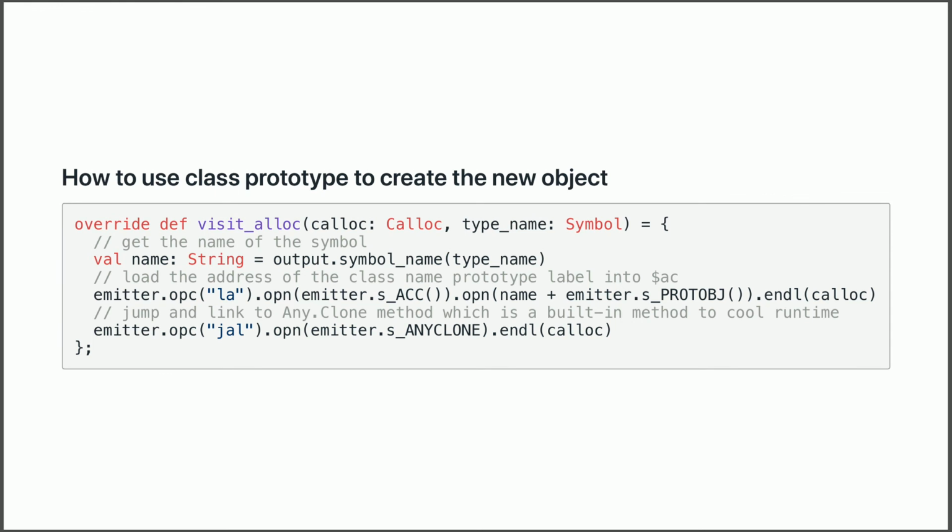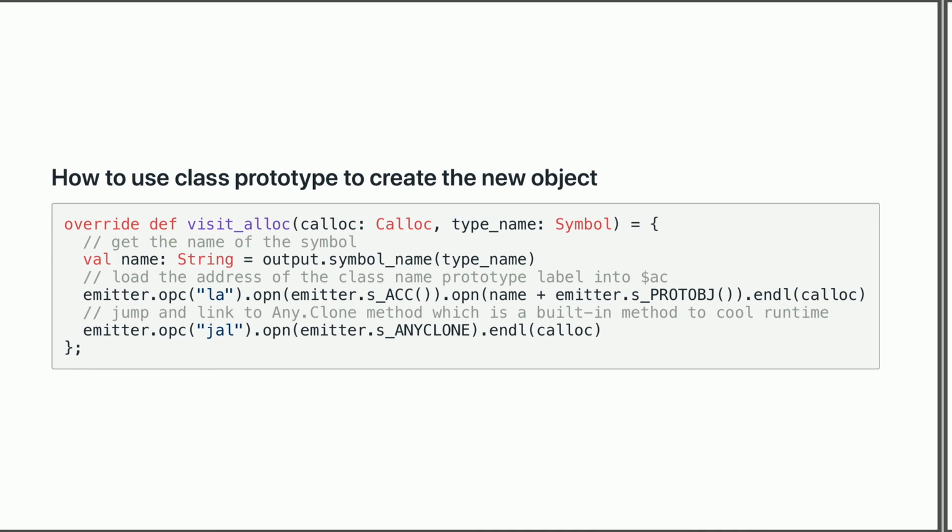What's happening is that we go grab whatever is in the object prototype for this type name or class name, and then we invoke the any clone subroutine, which will clone given this recipe, and then the address of the object that's created will be available. You will see it in the code generation. I don't want to talk about it here now.